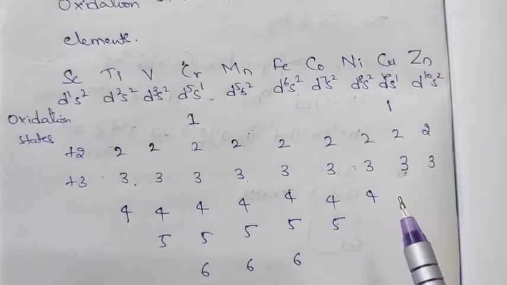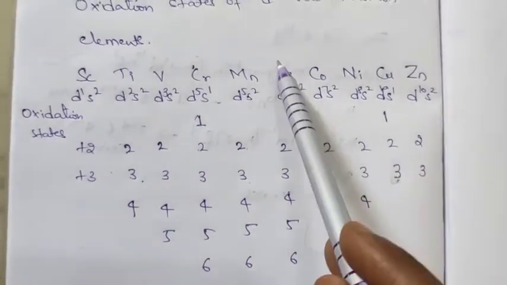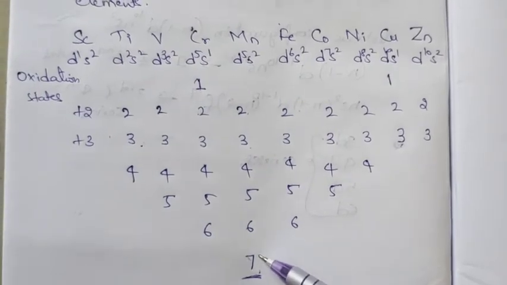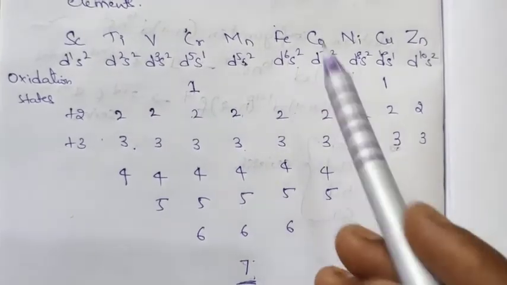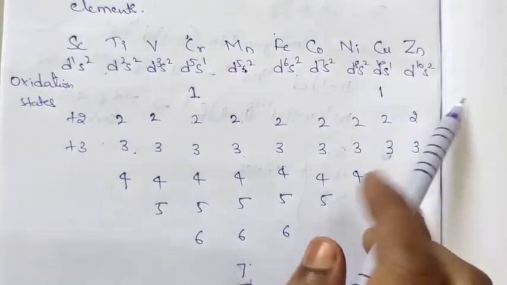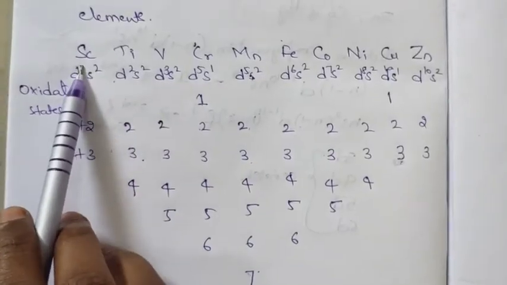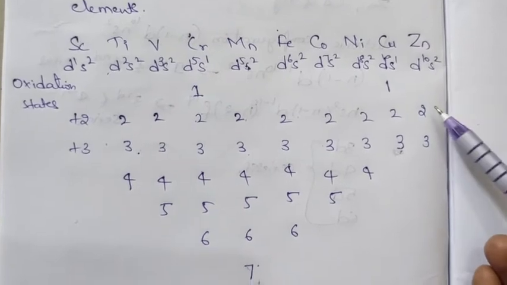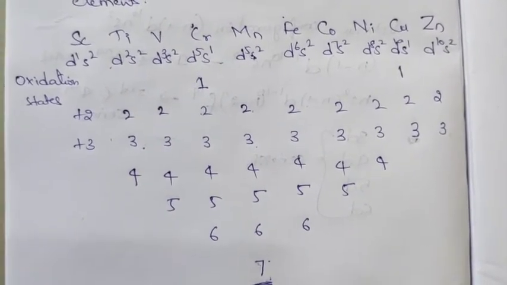Okay. The elements present in the middle of the series exhibit the maximum number of oxidation states, that is manganese, and the elements present in the beginning and at the end of the series have lower or fewer oxidation states. See, scandium has only 2 oxidation states, and zinc also shows the +2 and +3 oxidation states.